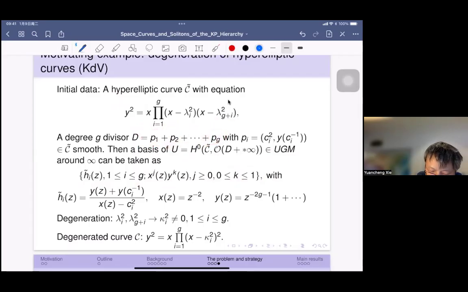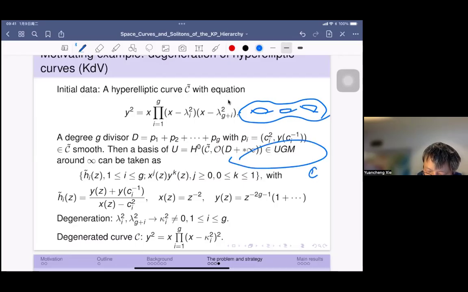But we know that if we have a hyperelliptic curve, then it's a double cover of CP1. So we have CP1 here. It's a double cover of CP1, 2 to 1, and each point has 2 inverse images.